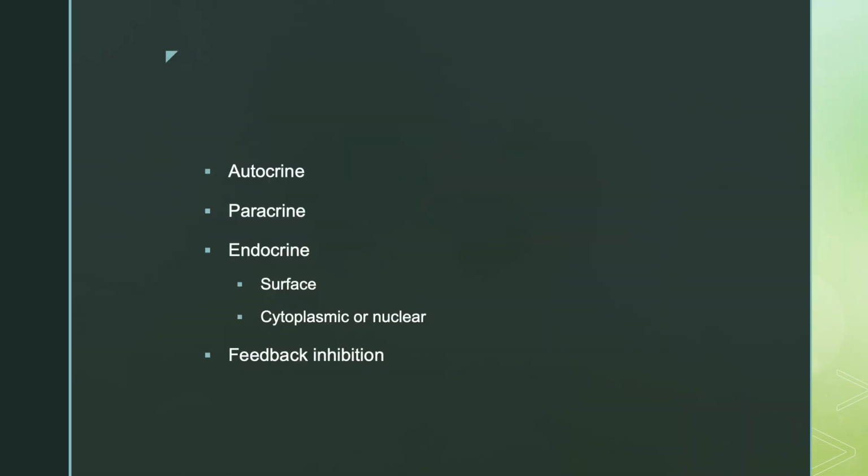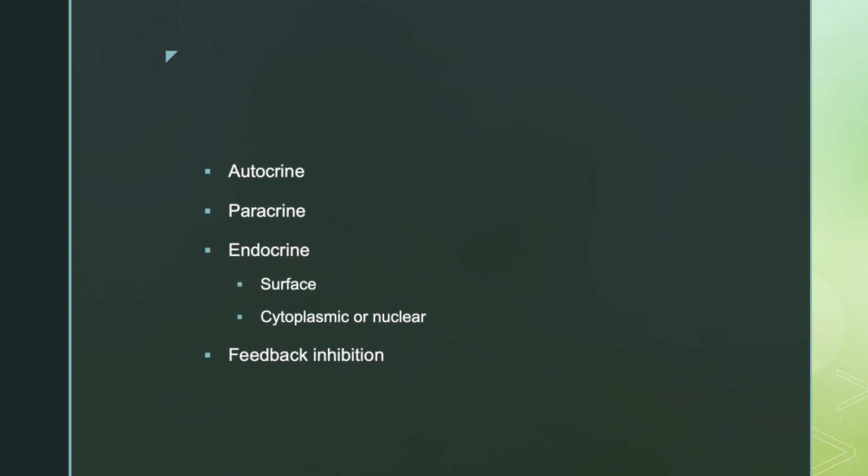As you might remember, cells in the human body are able to produce molecules that either work on the cell itself in an autocrine fashion, or cells in the immediate vicinity in a paracrine fashion, or, like in the endocrine system, work in distant locations.